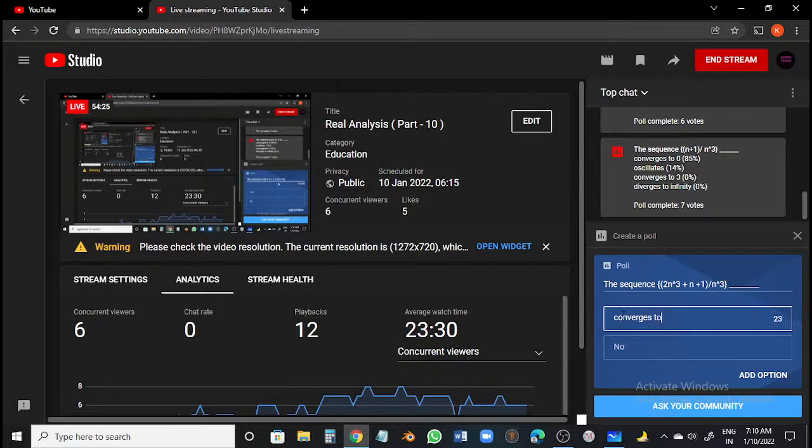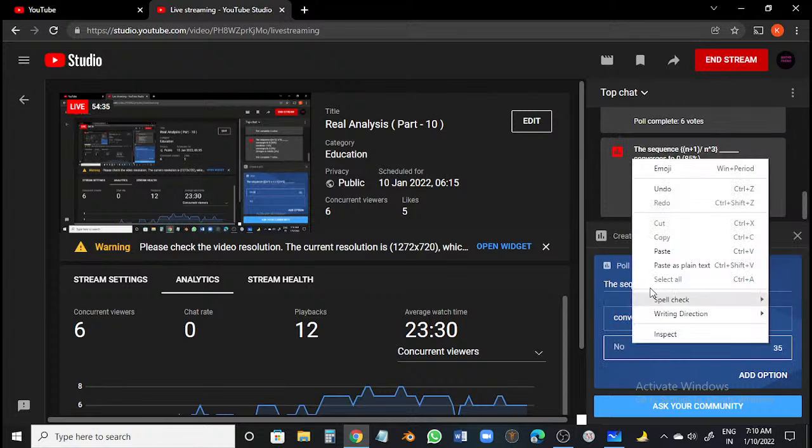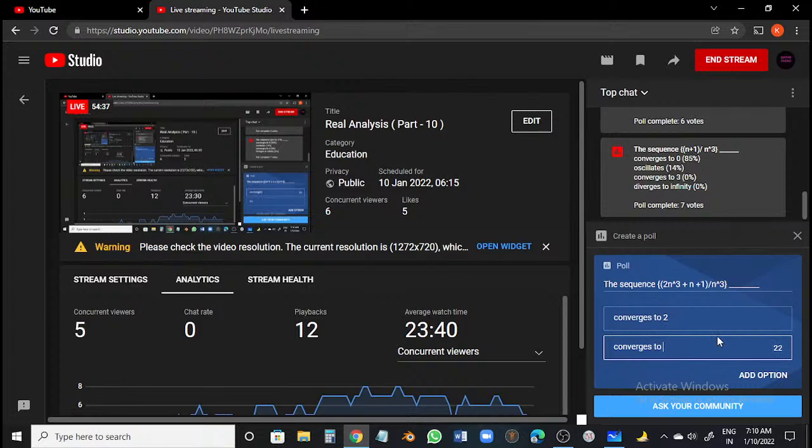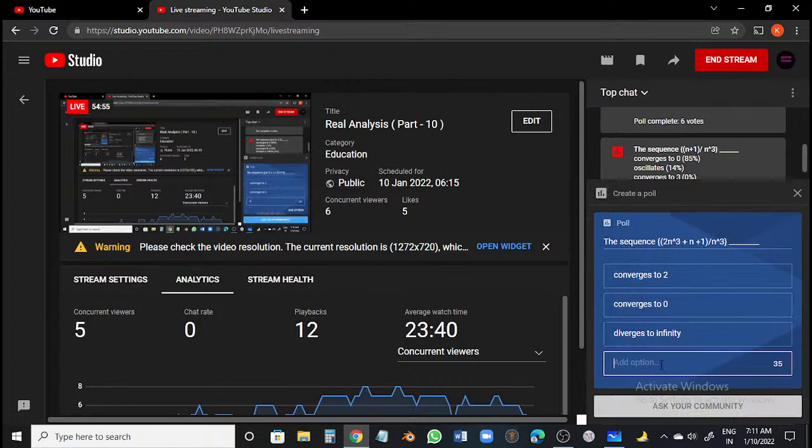Converges to 2, converges to 0, diverges to infinity, and yes, I would like to go with oscillates.